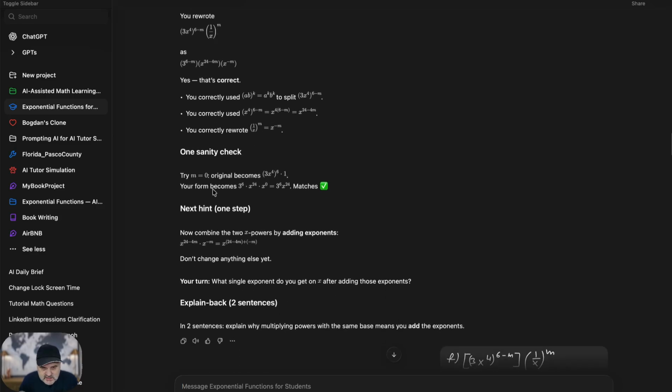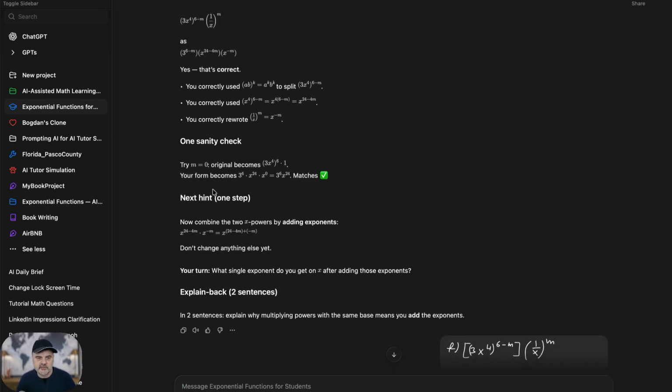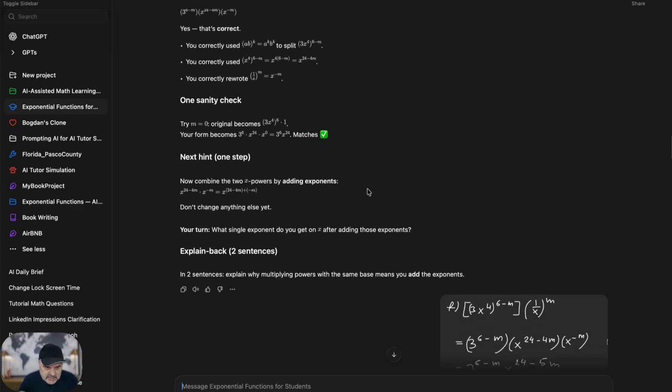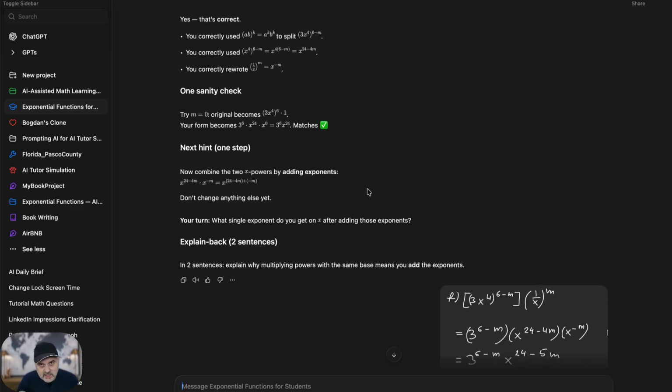Then the machine does a quick sanity check for itself by using randomly selected numbers, and verifies the equivalency between the expressions, and it says it matches. So that reassures me, this is the feedback that yes, you are on the right track and we are moving fine. Next hint, one step.